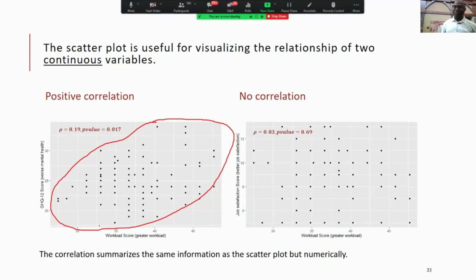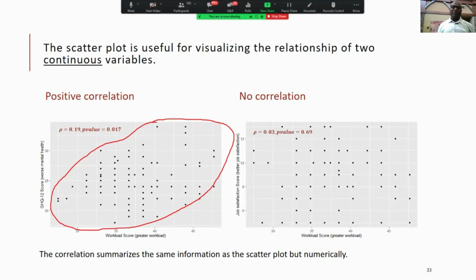So the short answer is no. Where a scatter plot would be advantageous and appropriate is when you have continuous variables, and you are trying to look at the relationship between two continuous variables.